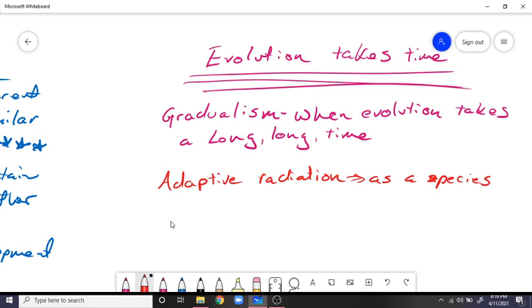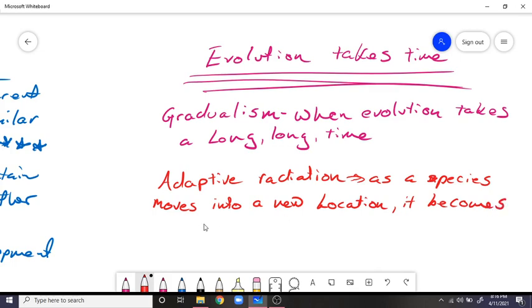So they are expanding their range, maybe they've migrated to a new place, maybe they got blown to one island from another. So as a species moves into a new location, it becomes better adapted to its environment.